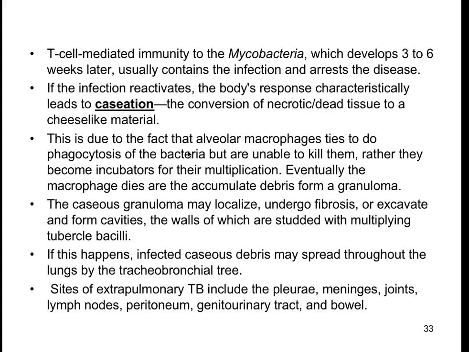And they will reactivate and they will break out of that granuloma and start to actively infect the lung again. So the body's between a rock and a hard place. The immune system is compromised with the lymphocytes, so they have to fall back on phagocytes, specifically macrophages.